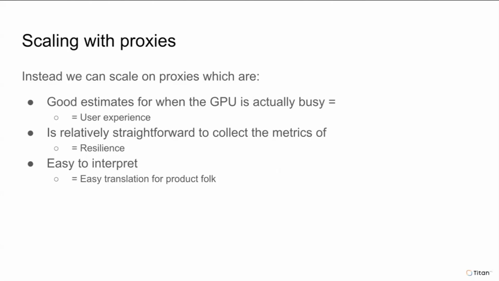We like resilience in our scaling systems, which is why we don't like to manage, for example, all-to-all metrics. And we also wanted to work with proxies that were very easy to interpret, so it should be an easy translation to talk to product folk and have that conversation with them of how do we want to make these scaling decisions.